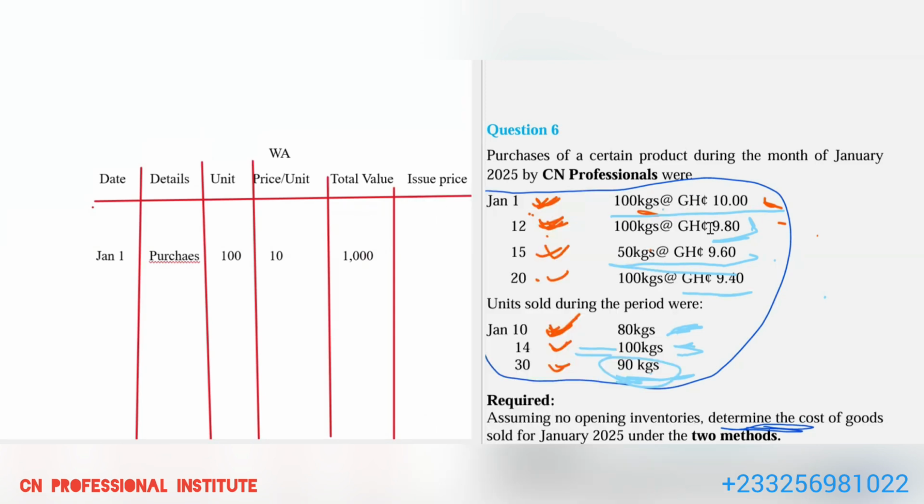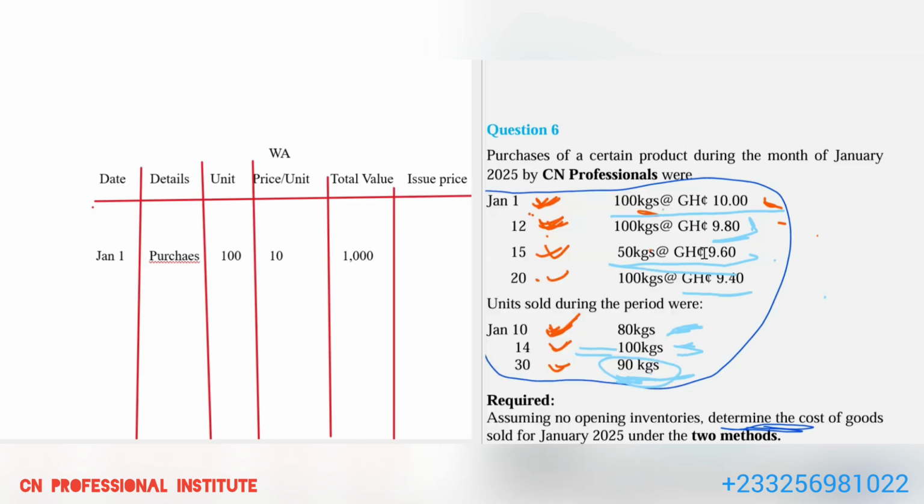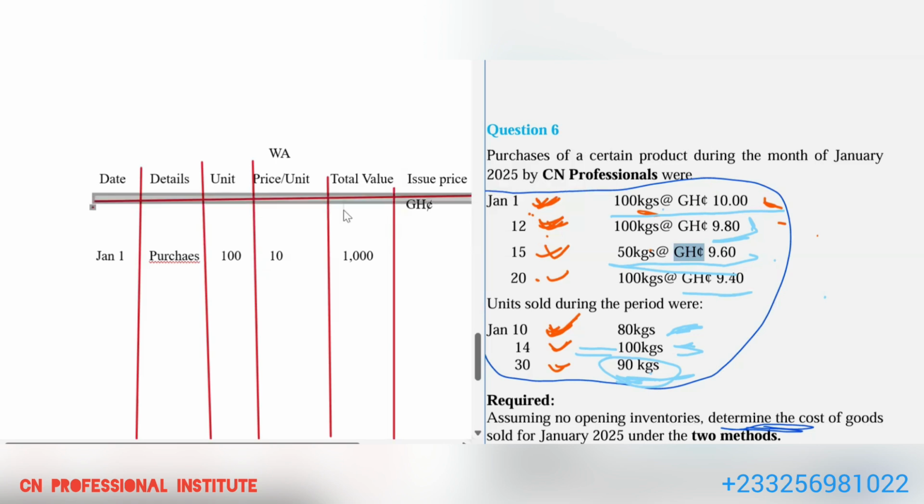It's not even copying. Oh, it's because I've written plenty of stuff here. Okay, Control C, and Control V here. Okay, so we have our purchases.